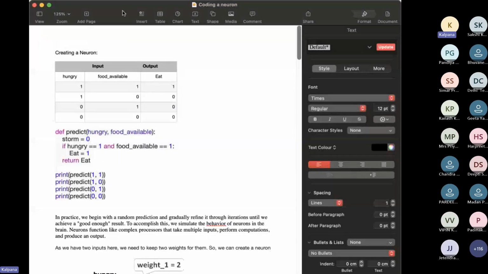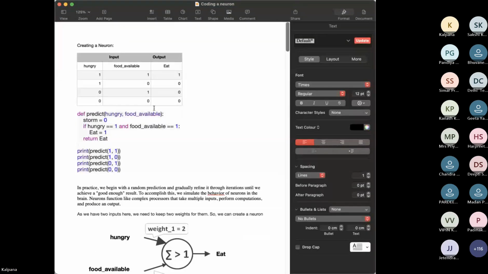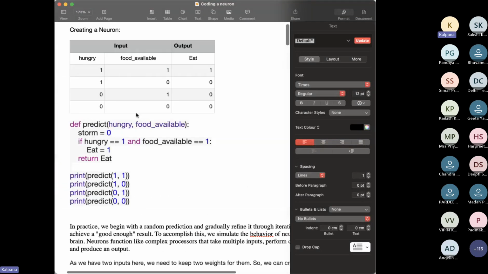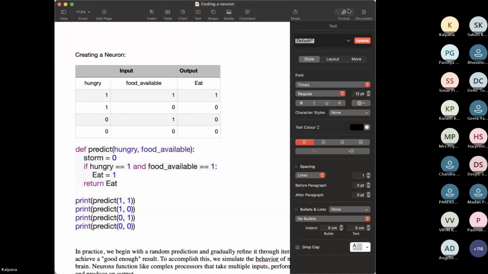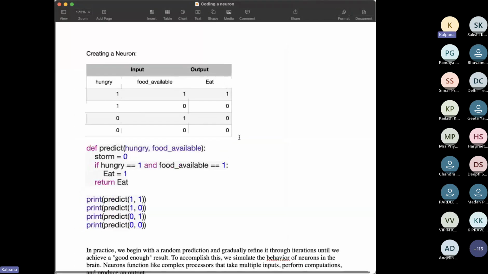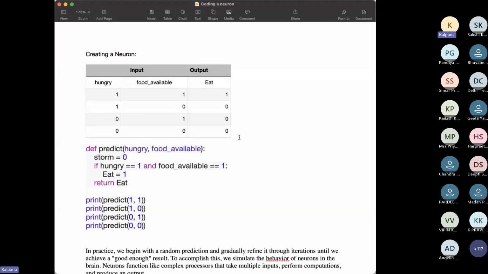Is it visible? Yes, ma'am. Is it readable also? Font size, everything?